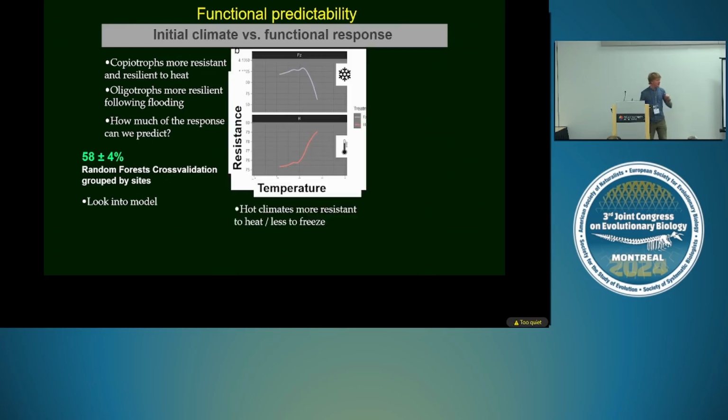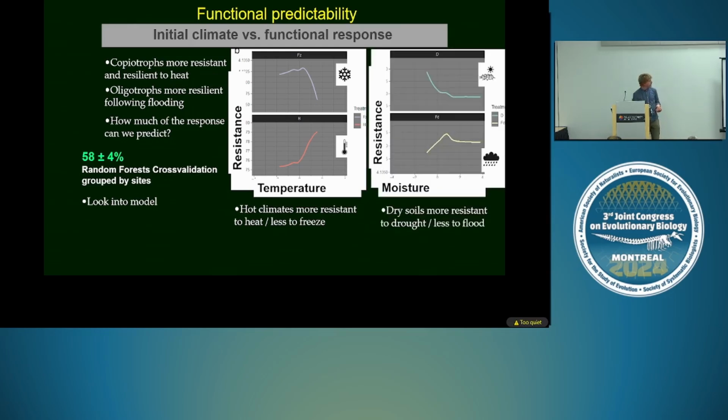And for that final hypothesis, looking into that model, that temperature there is the climate temperature, so where it's from. So things from high temperature places tend to be more resistant, so tend to deal better with perturbations which are similar to the climate they've come from. And the same is true for wet soils and dry soils.